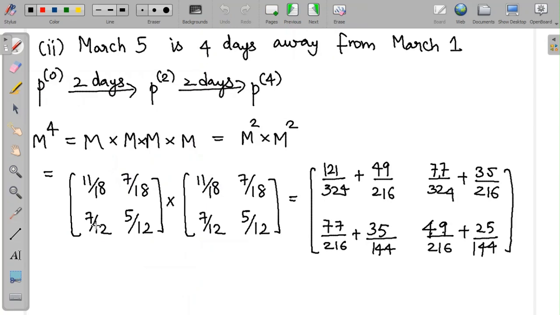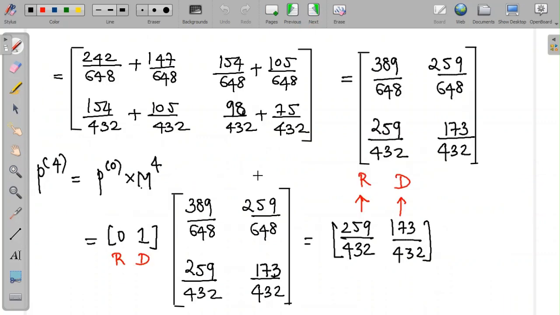So we find M power 4, which is the square of M square. Calculating the fourth power of the matrix, we get the matrix as 389 by 648, 259 by 648, 259 by 432, and 173 by 432. Once again, by using Chapman Kolmogorov equations, we can multiply P naught and M power 4 and arrive at these two as the probabilities.